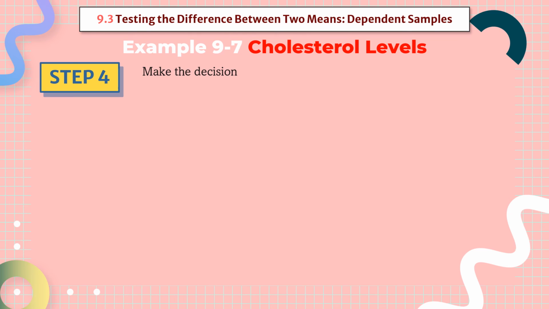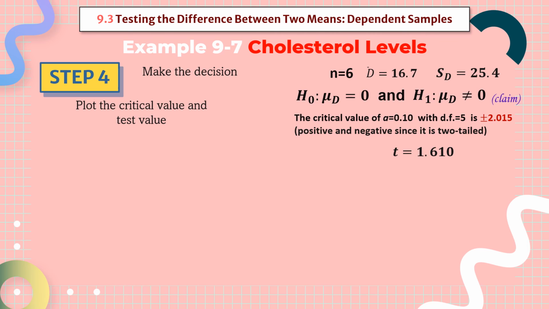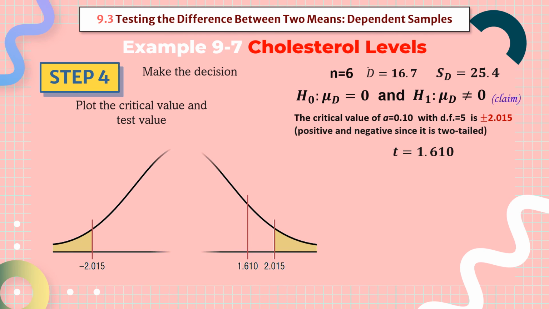And then, next step, step 4, make the decision. We plot the critical value and the test value that we got from step 3. Our critical values are positive and negative 2.015 since our test is a two-tailed test, and our test value is 1.610.